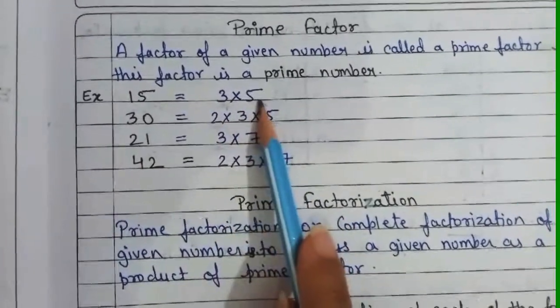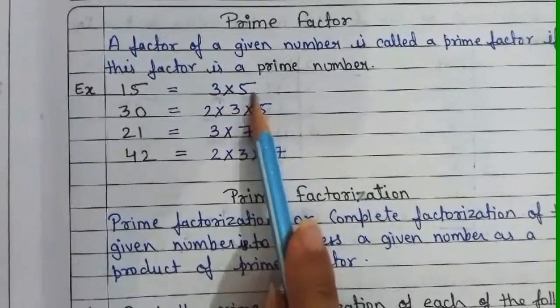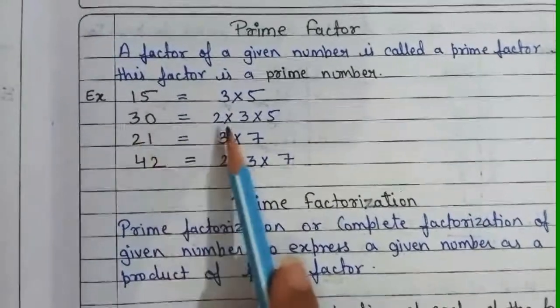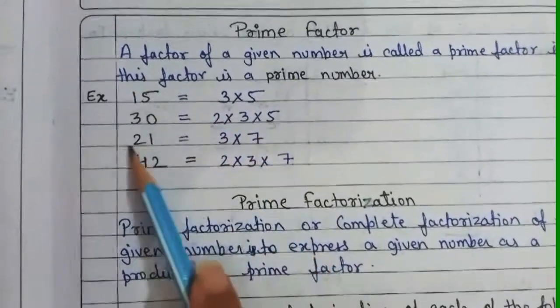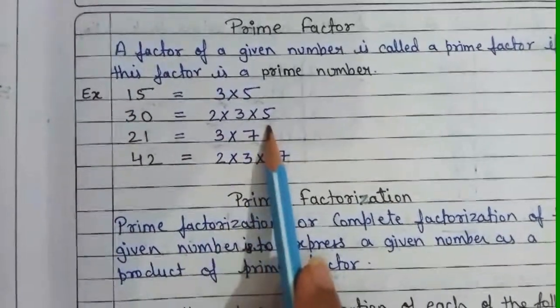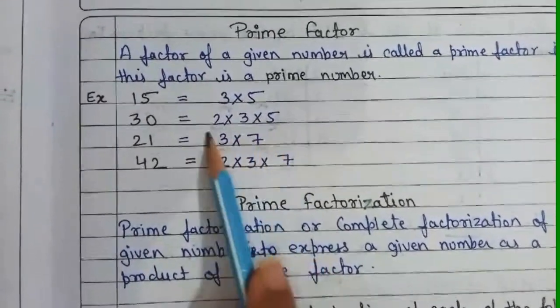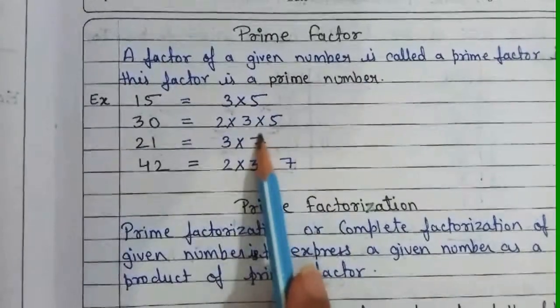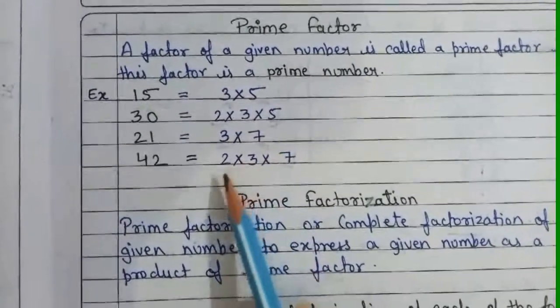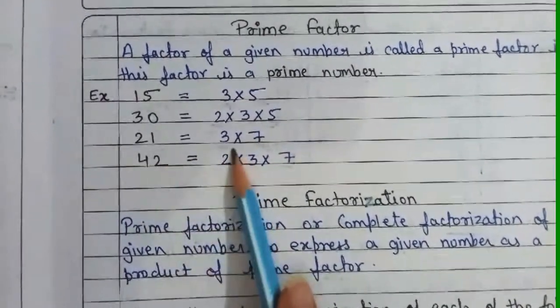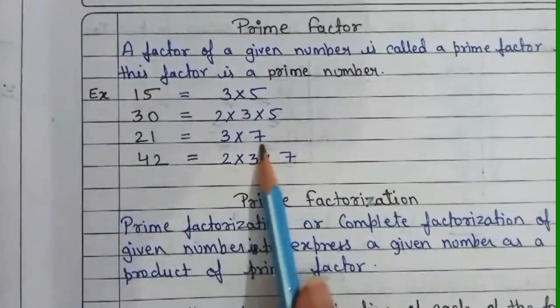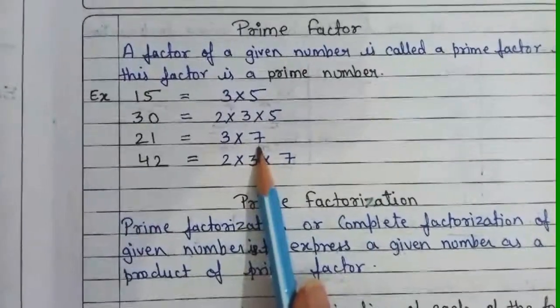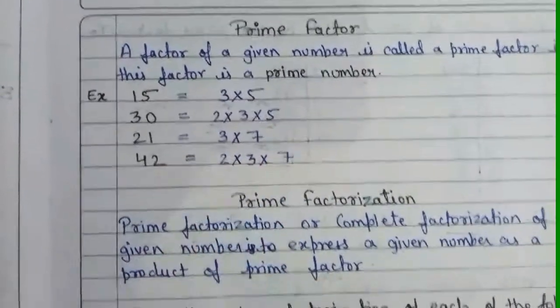Therefore 3 and 5 are prime factors of 15. 30: 2, 3, 5 are the factors of 30 and also 2, 3, 5 are prime numbers. Therefore 2, 3, 5 are prime factors. 21: 3 and 7. 3 and 7 both are prime numbers. Therefore 3 and 7 are the prime factors of 21.